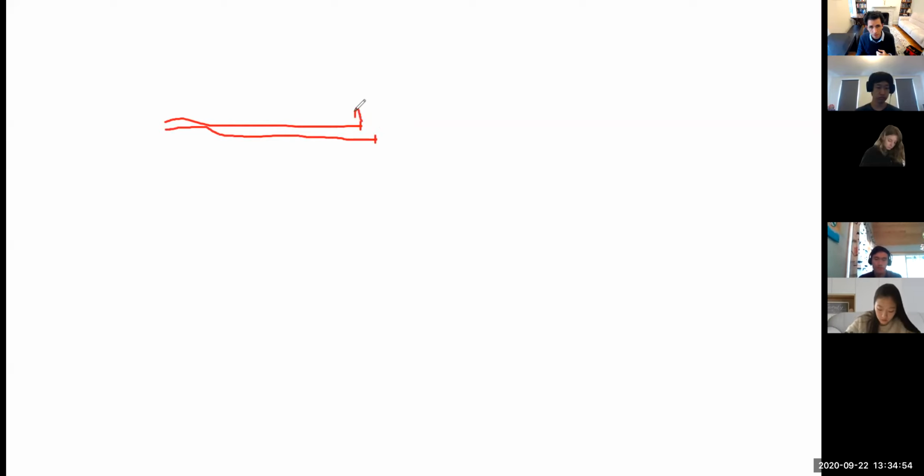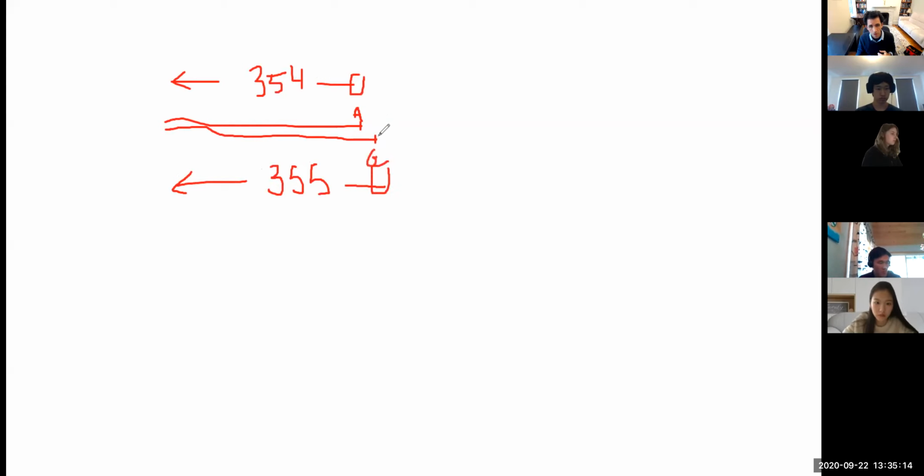So if I had a length of 354 nucleotides, I could tell that it was ending in an A. And if I could tell that length apart from something that's actually 355 nucleotides, I could then tell that it ends in a G. The reason why traditional sequencing technologies could go only up to 900 or 1,000 bases is because eventually I can't tell the difference between this length and that length.